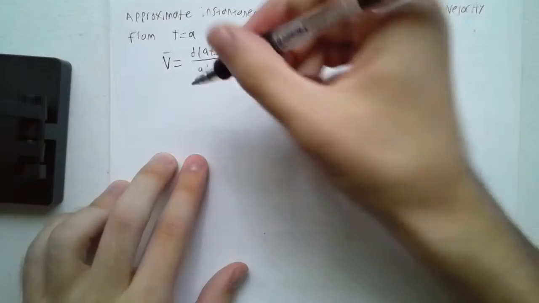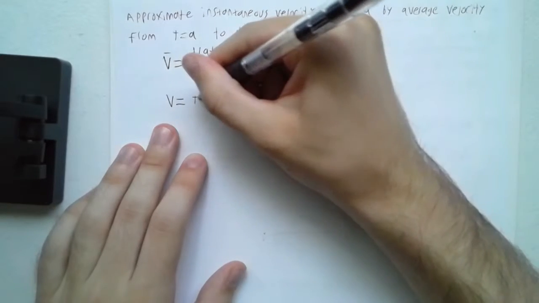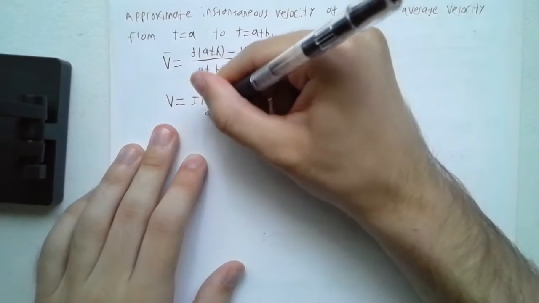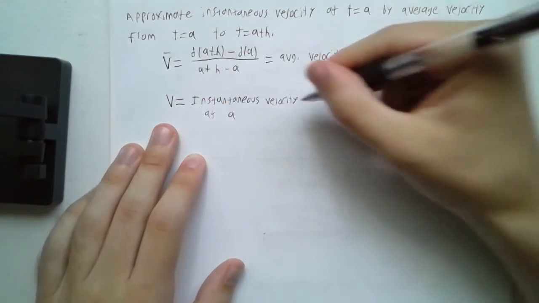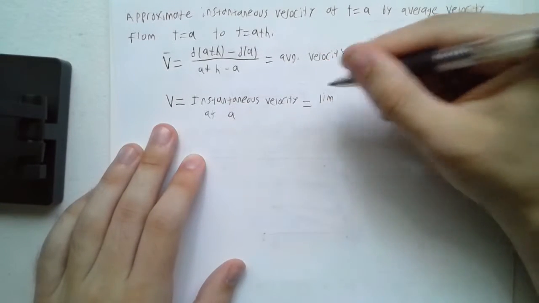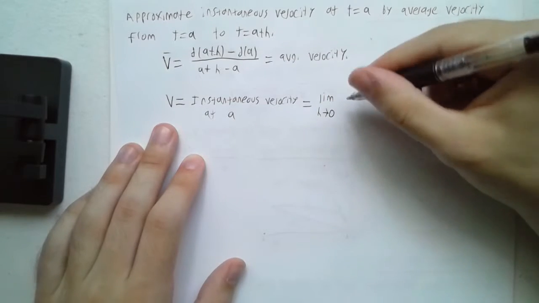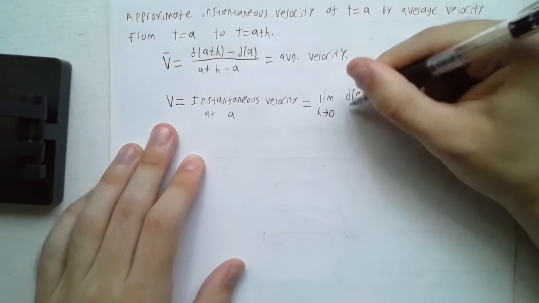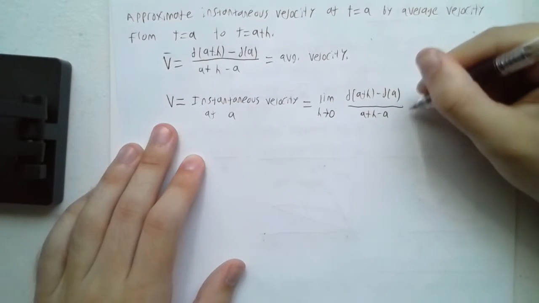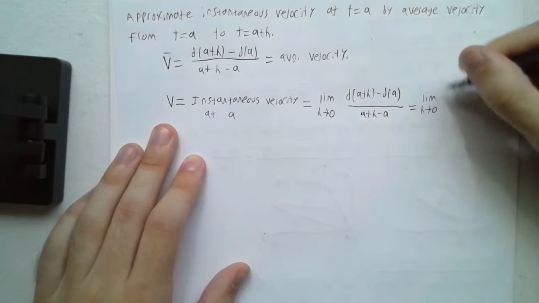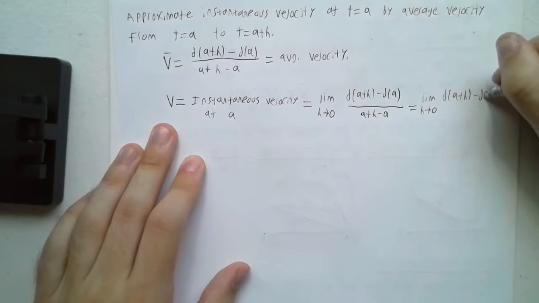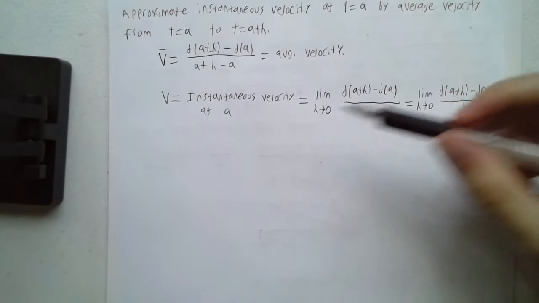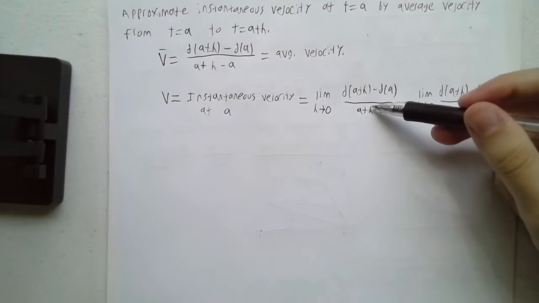So v, which is going to be the instantaneous velocity at the point A, is going to be equal to the limit as h gets closer and closer to 0 of d of a plus h minus d of a divided by a plus h minus a, which is equal to the limit as h goes to 0, d of a plus h minus d of a over h. So we're calculating instantaneous velocity by taking the limit of the average velocity on smaller and smaller time intervals near the point A.